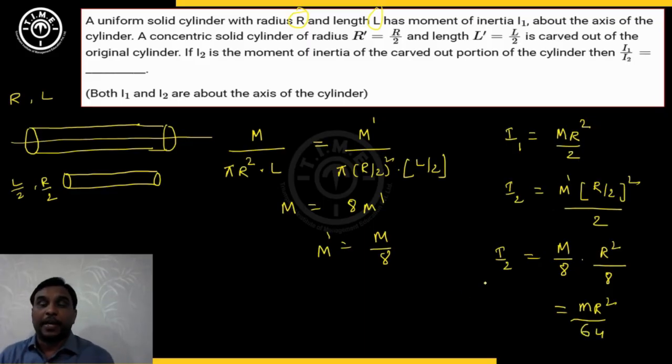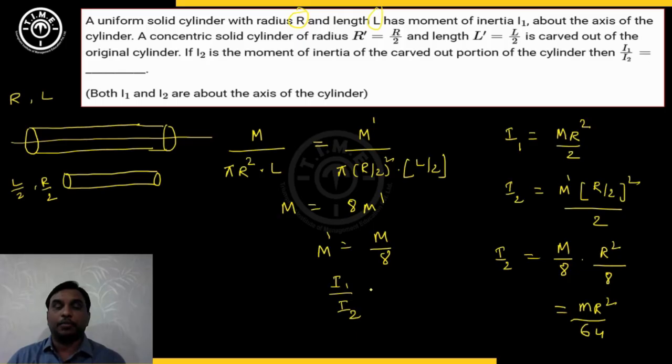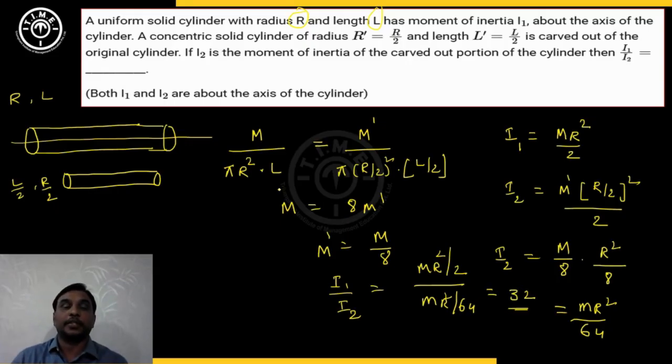If you write I1 by I2, which gives you MR square by 2 over MR square by 64, which gives you 32. The ratio is 32. 32 is the answer. These are questions I have selected that were recently asked in JEE Mains and NEET exams.